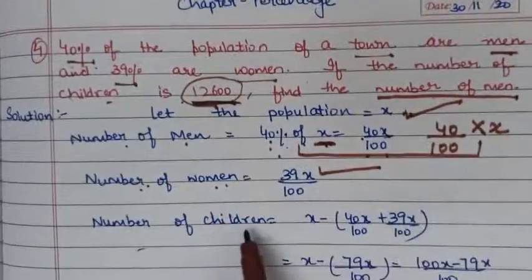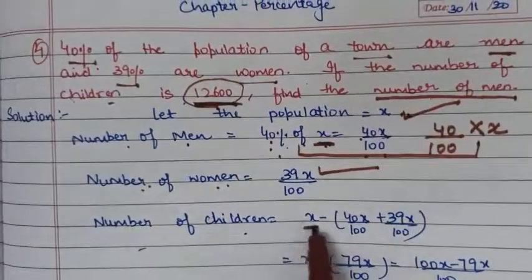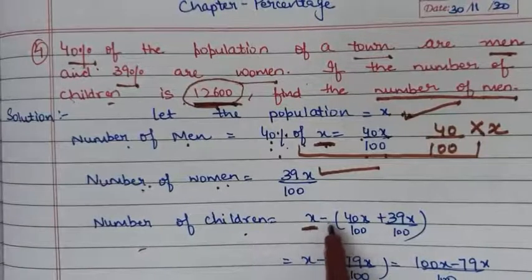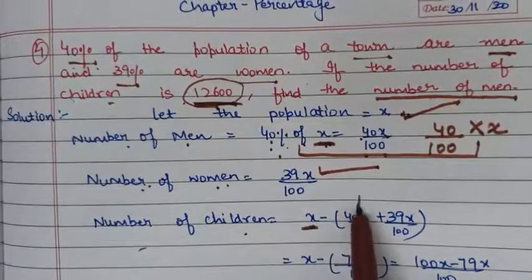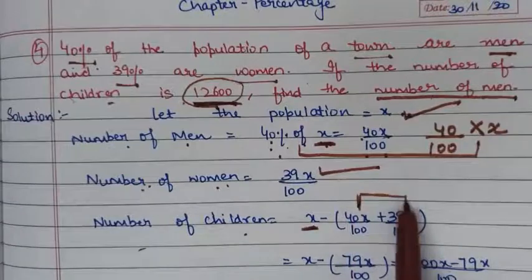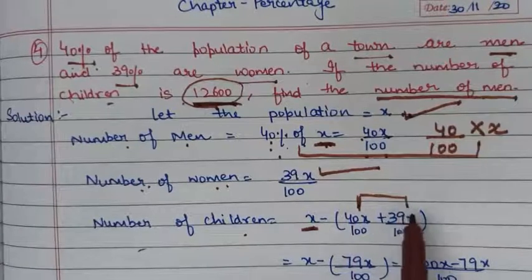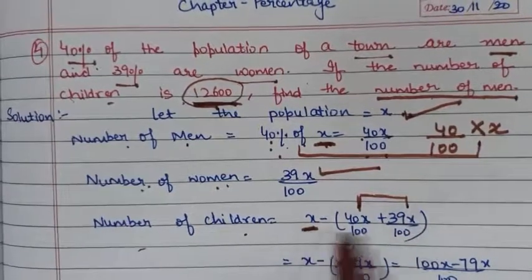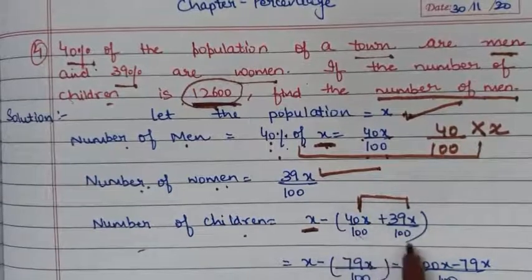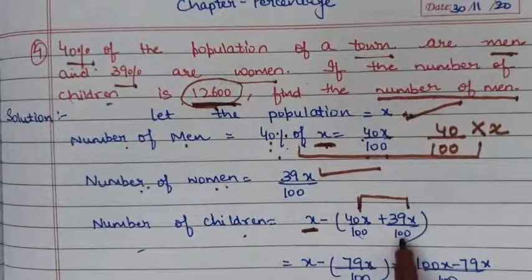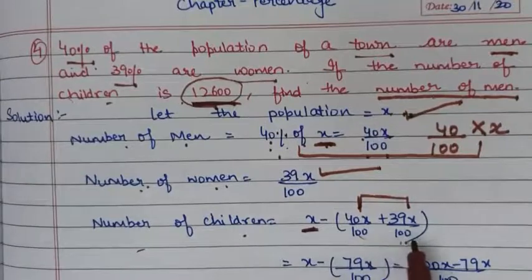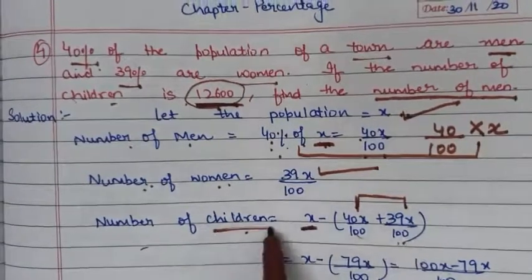Number of children will be total population minus the sum of men and women. Clear now? The rest will be the number of children only.